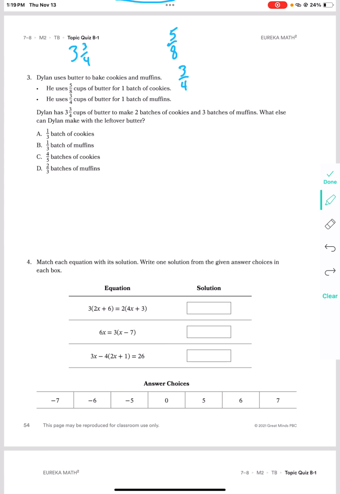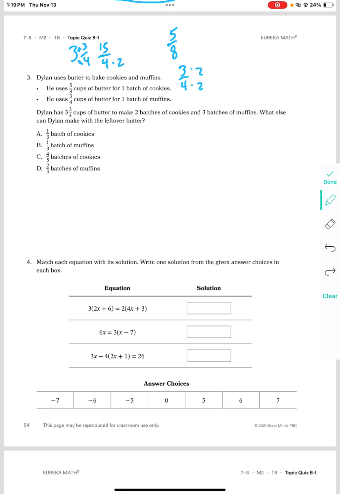a common denominator. Before I find a common denominator, let me change this mixed number into an improper fraction. So 3 times 4 is 12, plus 3 is 15. So that would be 15 over 4. Then I will want to find a common denominator between all 3 of these fractions. The common denominator would be 8 because we can move up when we're finding a common denominator, but we cannot move down.